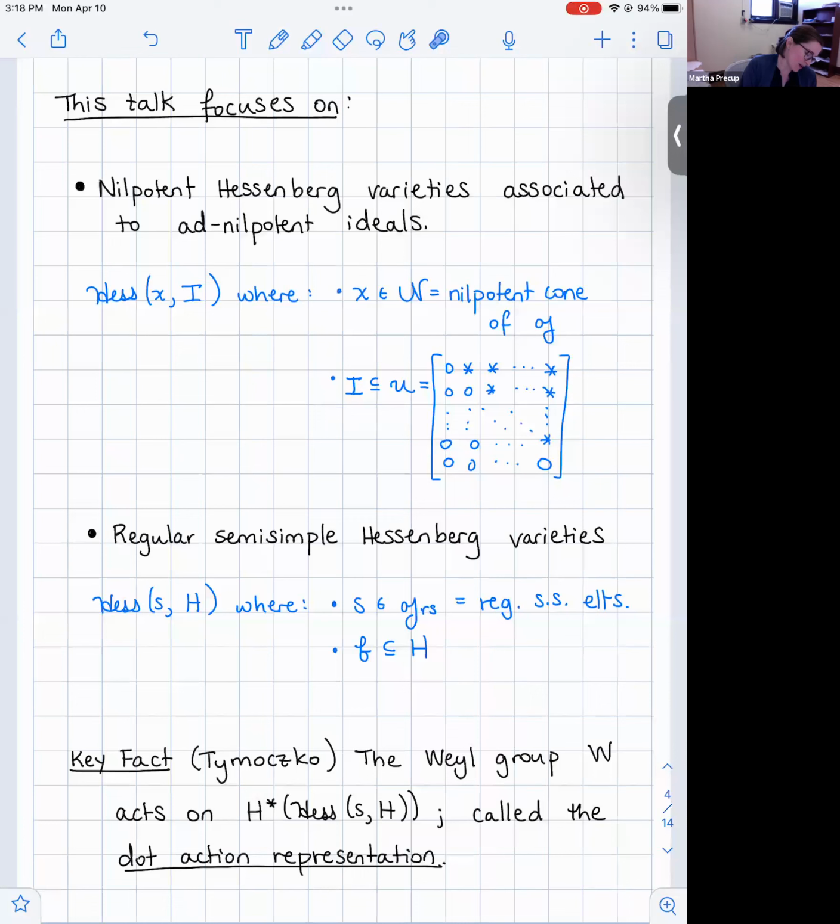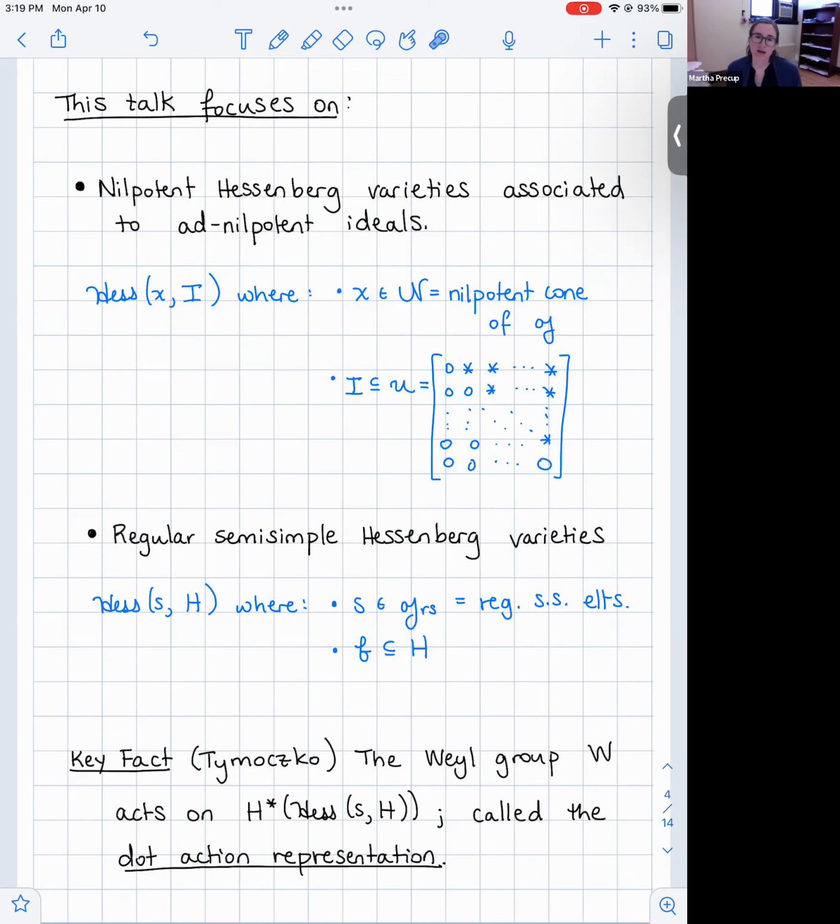And all that I mean by that is that I is contained in the strictly upper triangular matrices. That would be the type A setting. You would take the nilradical of your Lie algebra and require that your Hessenberg space be contained in that nilradical. That's what we get for these ad-nilpotent ideals.